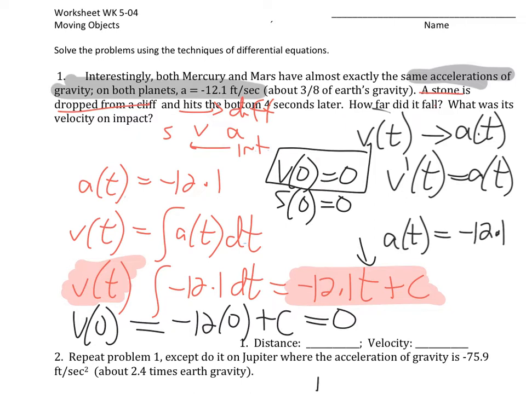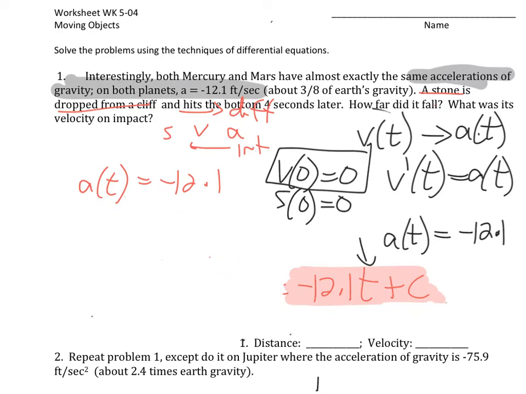It's negative 12.1 times 0 plus c. Negative 12.1 times 0 is 0, which means c is equal to 0. So what does that tell you? That tells you that your velocity function, v of t, is equal to negative 12.1 t.